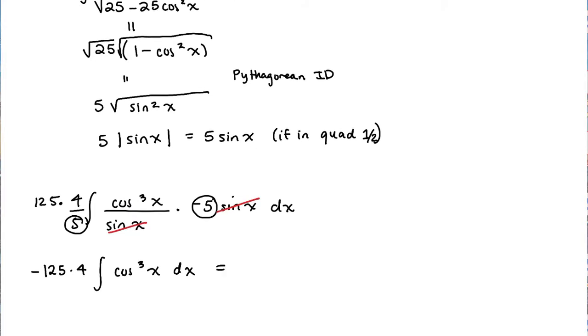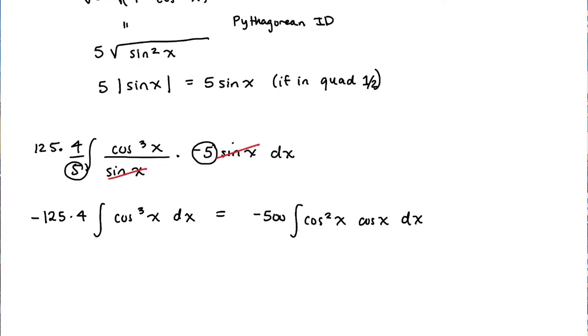Okay, so now this is going to bring us back to a previous integration technique, which we learned in a previous video, integrating using just trig, so trig integrals. We're looking at cosine cubed x, and I could view that as cosine x times cosine squared x. So this would be negative 500 integral of cosine squared x times cosine x dx, and then I could rewrite the cosine squared as 1 minus sine squared, which is nice because I can perform a u substitution.